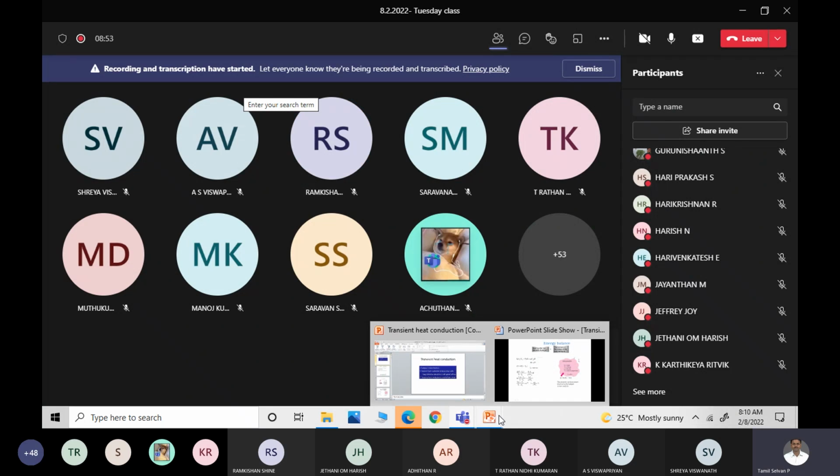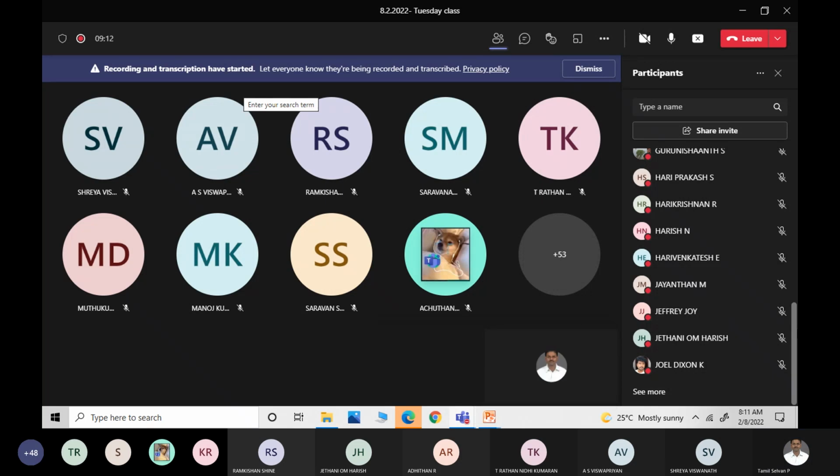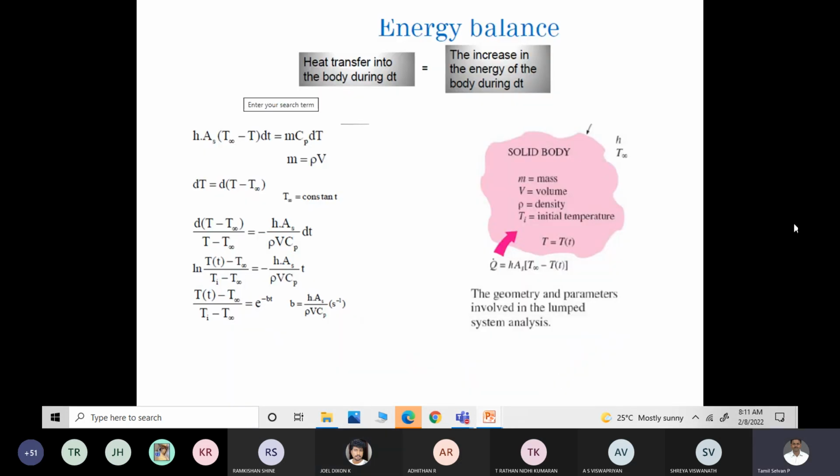Shall I give assignment marks only to those who answer my questions? Ramkushan, Achudan or Adityan? Jeffrey, Jetani, Omarish, Joel Dixon. What is a lumped system? Jetani, Omarish, Joel Dixon, please switch on your cameras. Omarish, Jetani. Yes, sir. One second, sir.